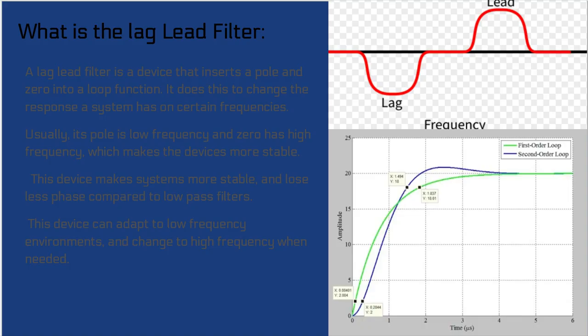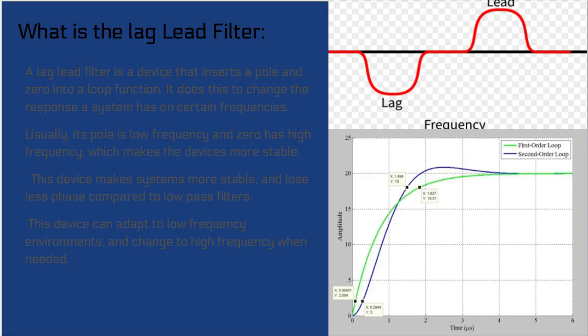The lag lead filter also helps, as discussed before, to make devices more stable, and it also helps to lose less phase. This is compared to standard low pass filters. This device not just changes the behavior of a system at certain frequencies, but it helps to adapt to different frequency environments.